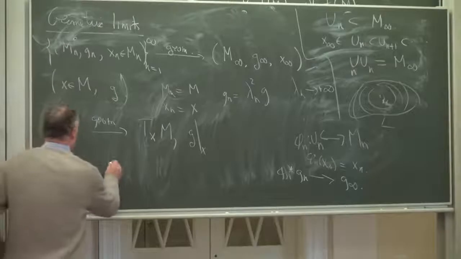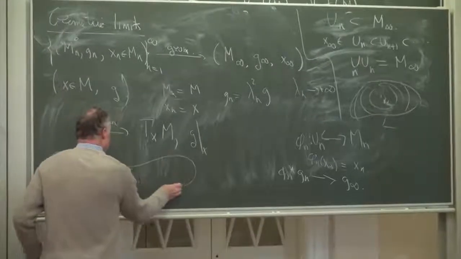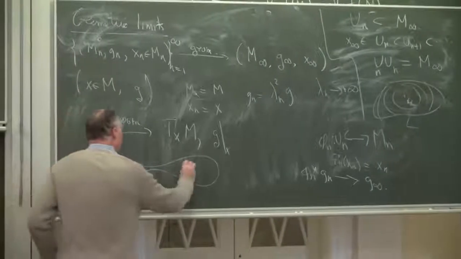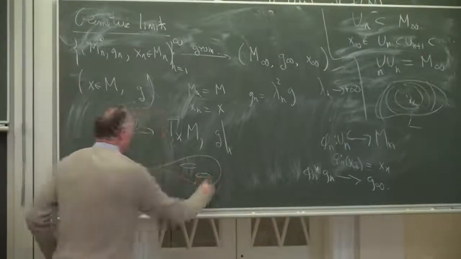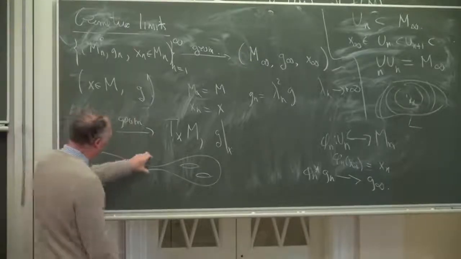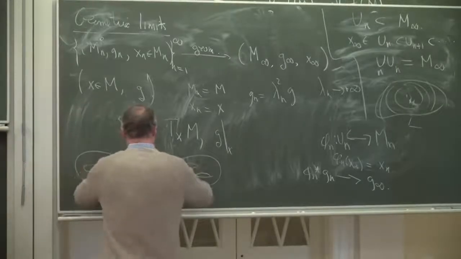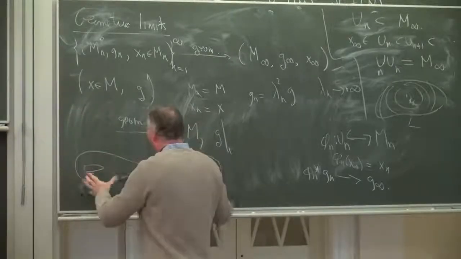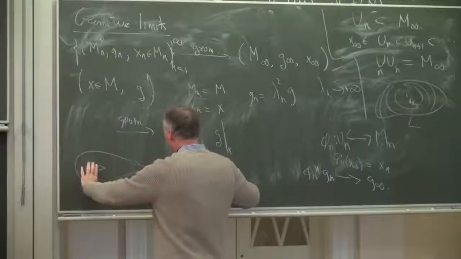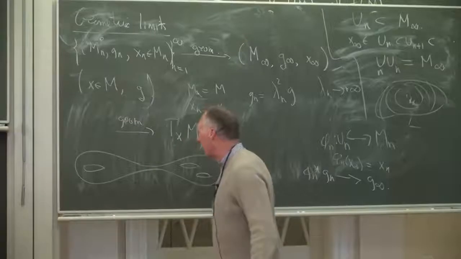I'll just draw two other pictures to give you an idea of what happens. Think of hyperbolic surfaces. It's the hyperbolic surface of genus 3 with a long, thin neck. And in this sequence of manifolds, it's all going to be hyperbolic metrics on the surface of genus 3, but the neck's going to get longer and longer and thinner as I go along.